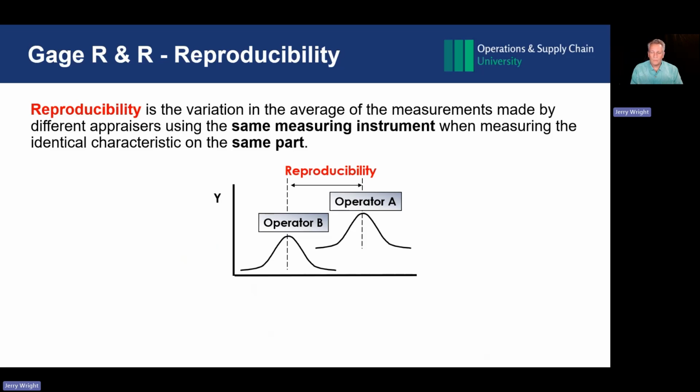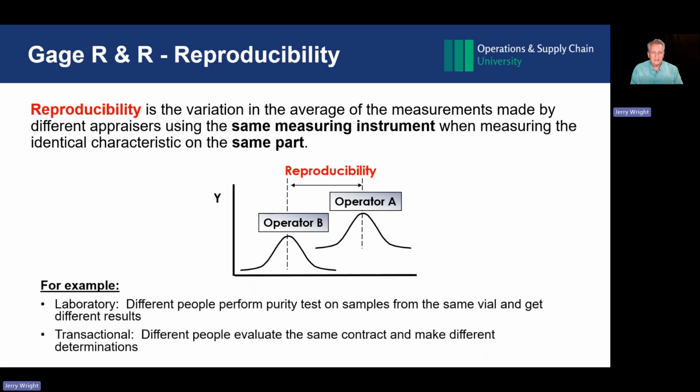We need to understand why. So an example, laboratory: different people perform that purity test on samples from the same vial and they get different results. Transactionally, different people evaluate the same contract and make different determinations of the errors. Those are reproducibility issues. So Gauge R&R, here's an example I want to walk you through.